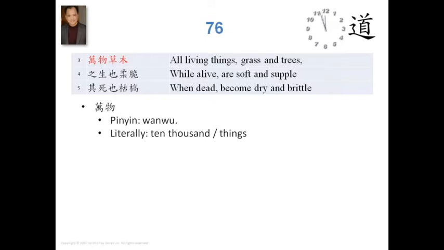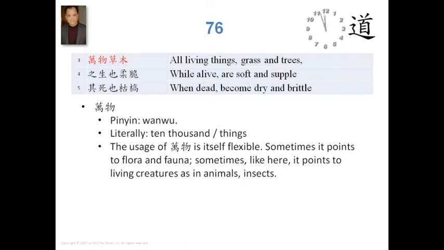Here I want to point something out. When you utilize 万物 in the Tao Te Ching, the usage can be flexible.